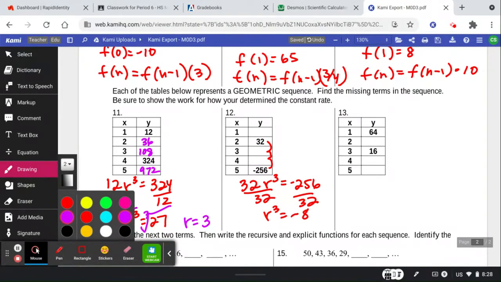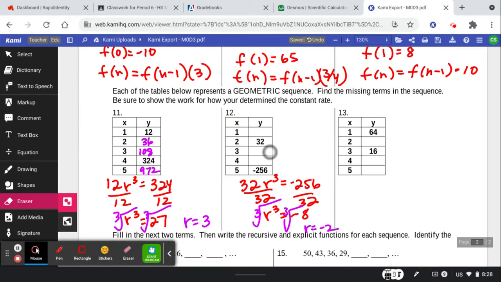And so when I take the cubed root of negative 8, I get negative 2. So 32 times negative 2 is negative 64. Negative 64 times negative 2, positive 128. And then do that again, you get the negative 256.